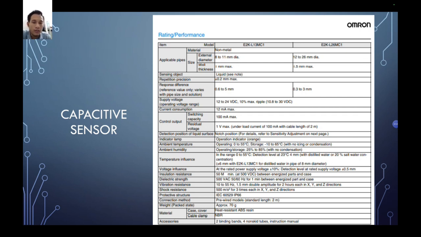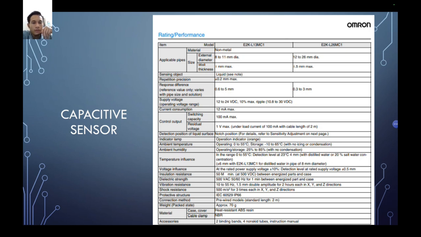It has an indicator lamp, which is orange. Its ambient temperature is from 0 to 55 degrees Celsius, and it can be stored at -10 to 65.